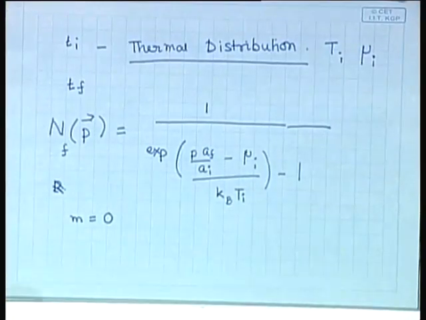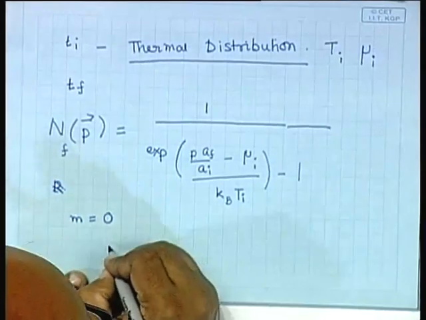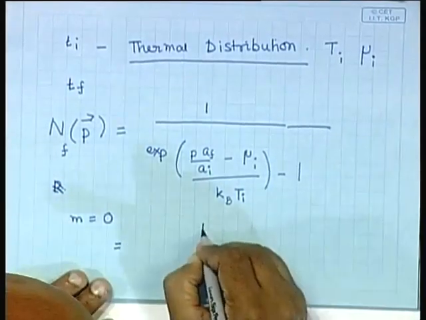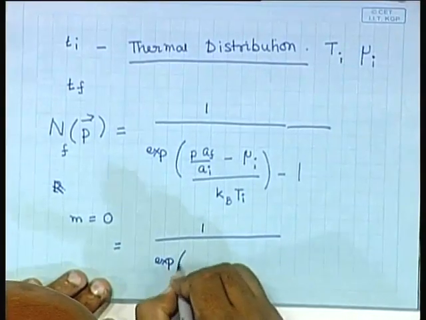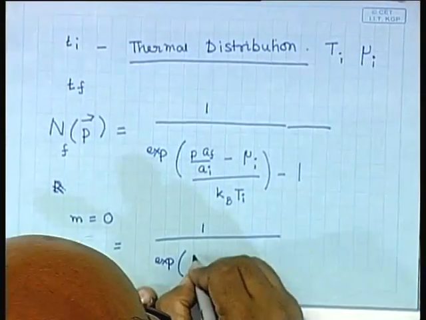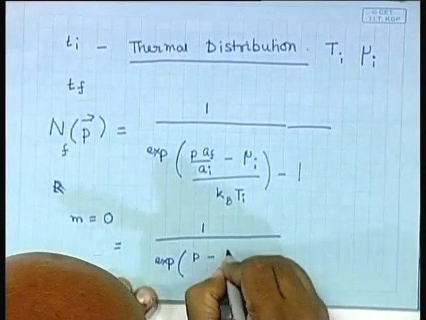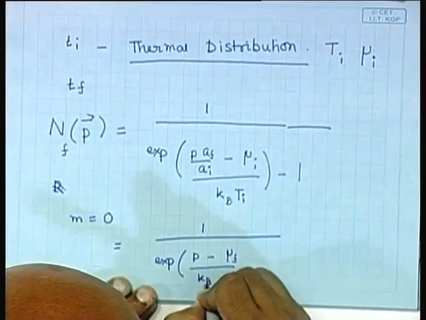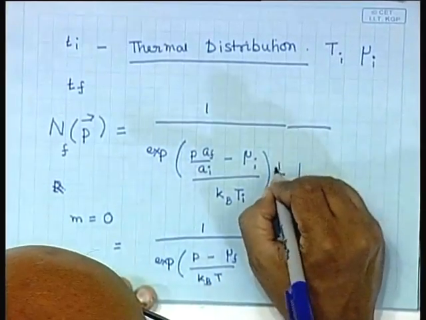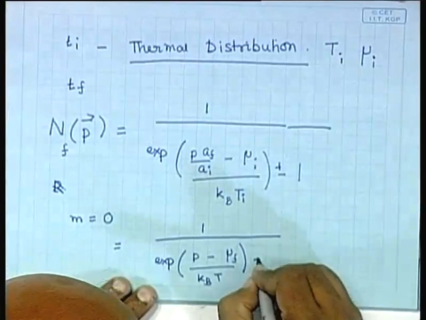So, what we want to do is write this as 1 by exponential of P minus mu F by kB T. You could have plus or minus 1 here, it does not matter.